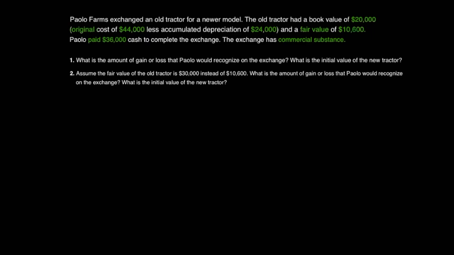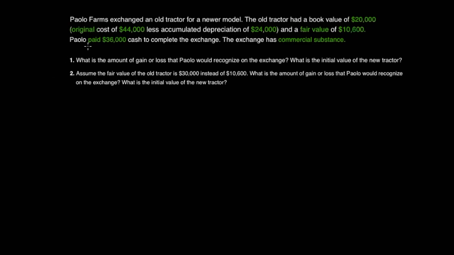After that, the fair market value, I'll explain that one in a second, and then the amount Paulo paid to complete the exchange. So yes, this is an exchange with non-monetary values, but we are only using that to compute the loss and the gain. We use the 36,000 to compute the initial value of the tractor. I'll explain all this more in depth in a second, so let's go ahead and get started.